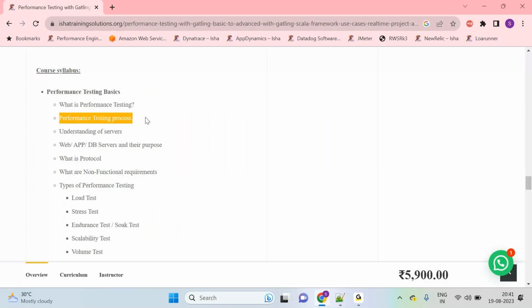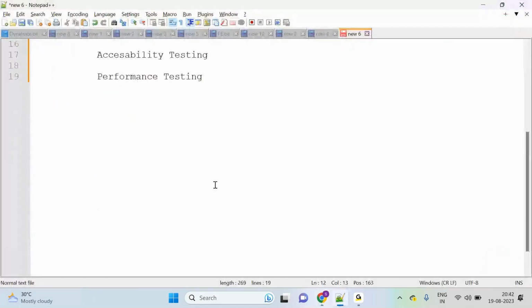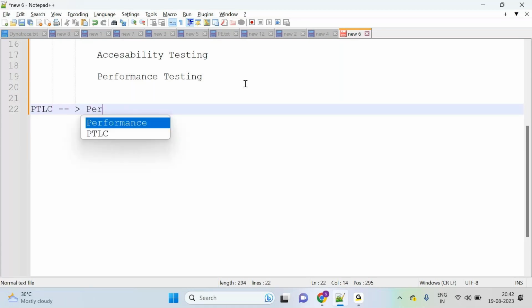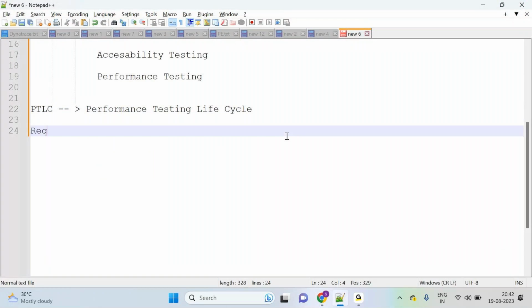This is important, because people call this PTLC, the performance testing life cycle. For any activity you do, the first activity is requirement gathering.